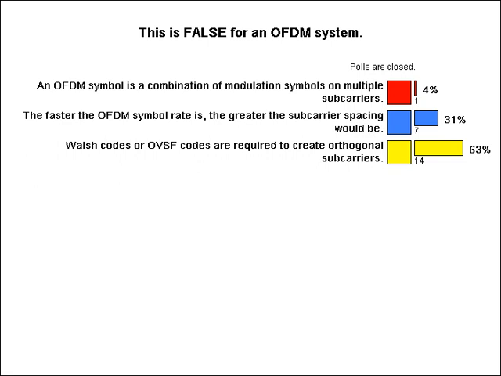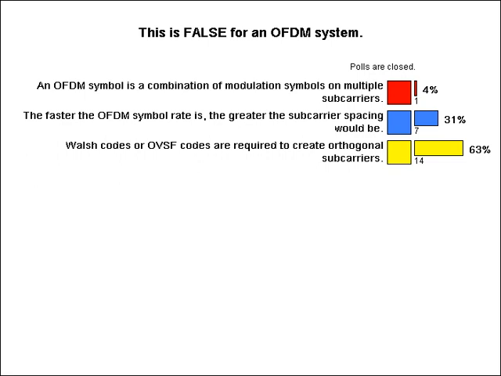Maybe I should keep this LTE specific, and that will help with the performance numbers here. But if the symbol rate is faster, then of course the spacing would be greater. So we cannot say that it is false. It is a true statement.